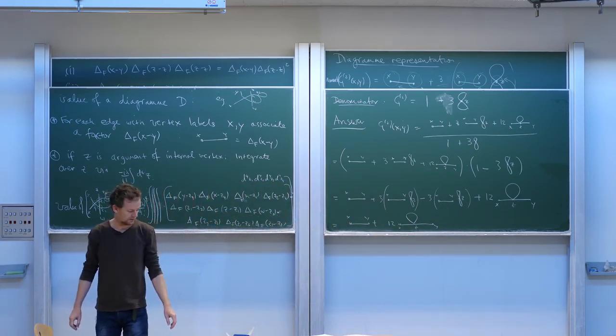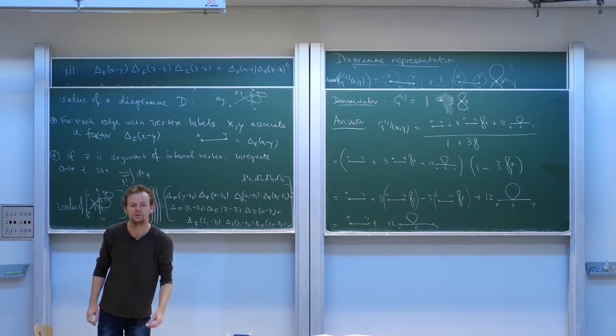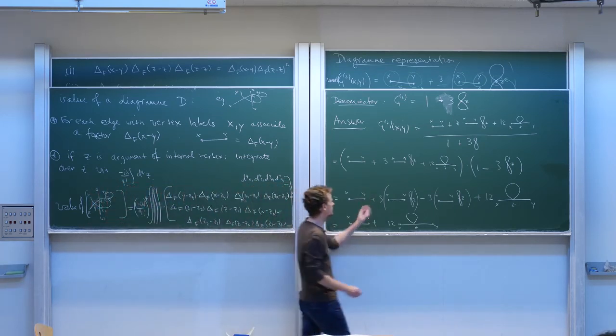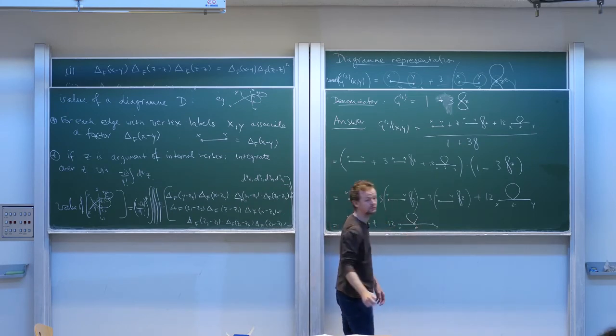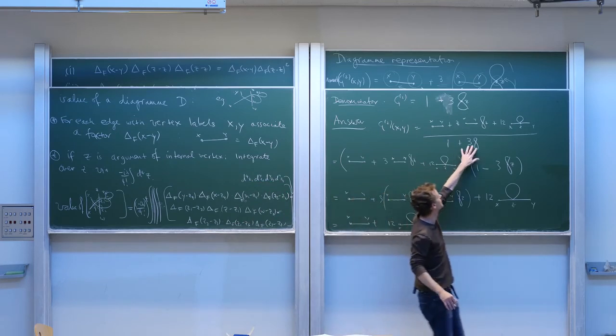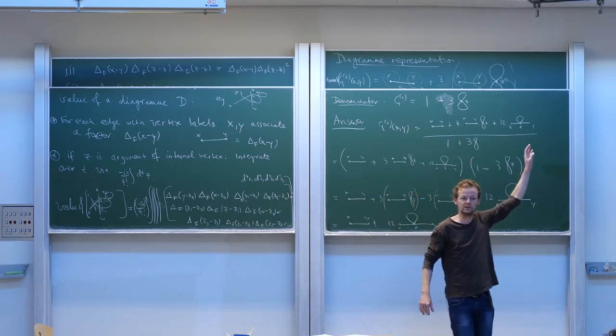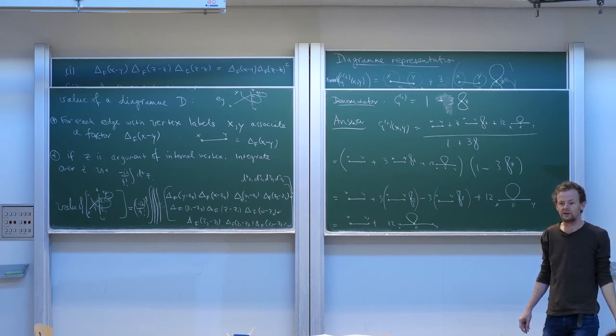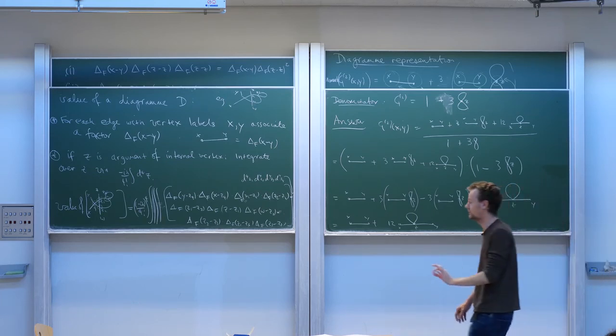Well, in some sense it's a miracle, but it's a sign or a trace of a more general result. All these diagrams on the denominator will turn out to cancel against diagrams in the numerator. This is not an obvious thing. We'll prove it in the coming lecture, but it's not obvious at this stage.